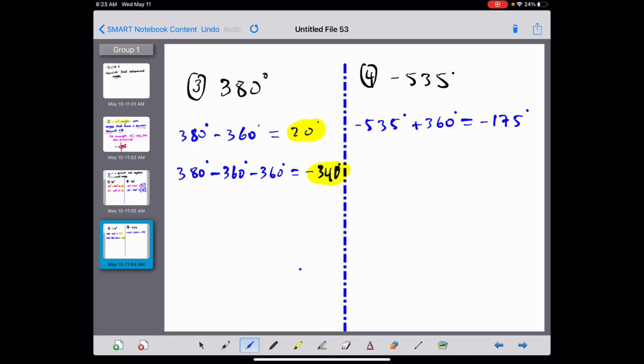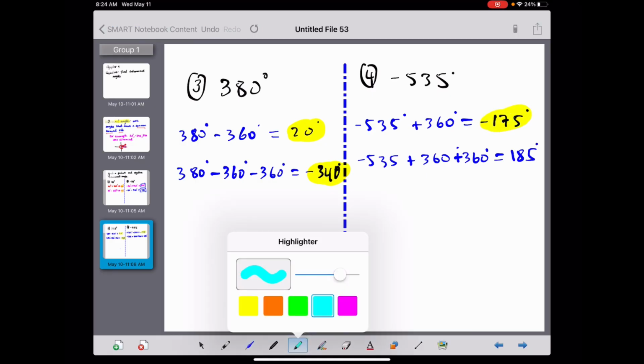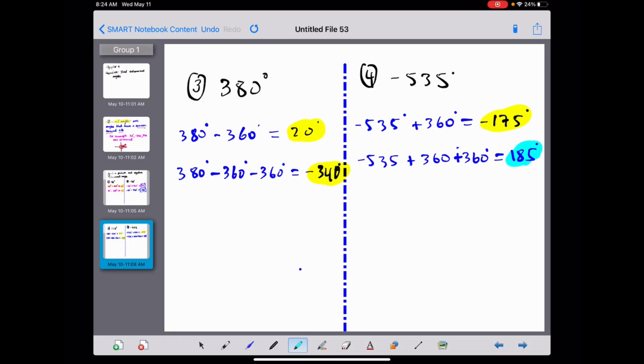That's our negative coterminal, okay? And then if I want to find the positive, we add 360 plus another 360, and that's going to give us positive 185 degrees. So this is my negative coterminal, and this is my positive coterminal.